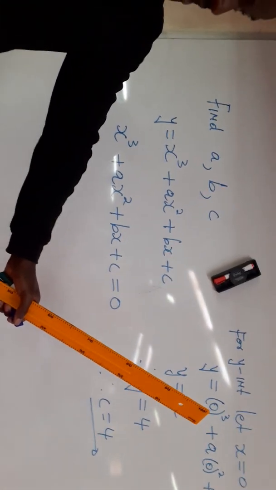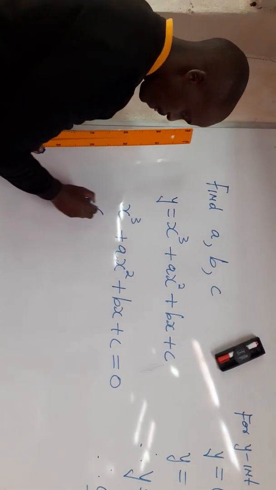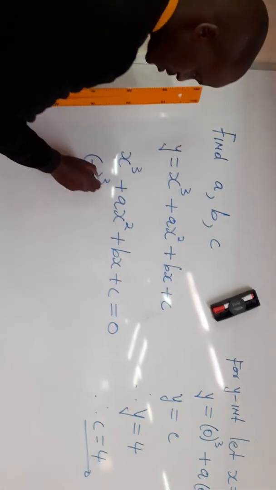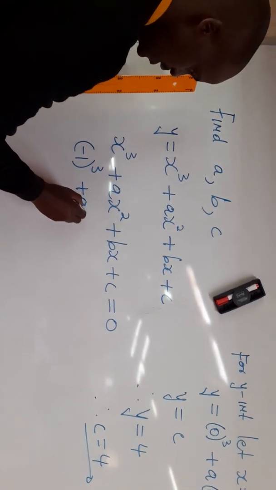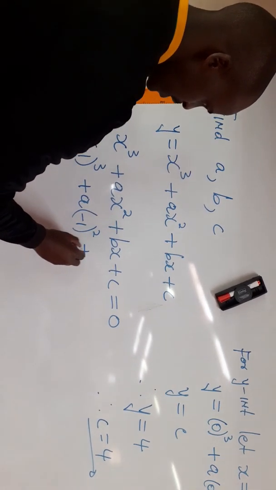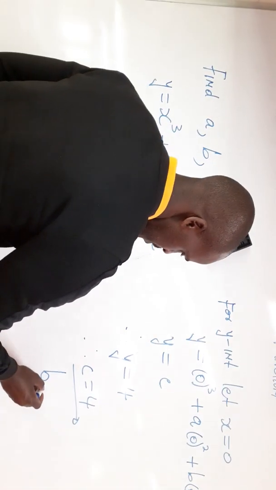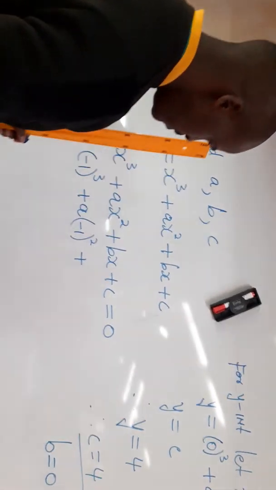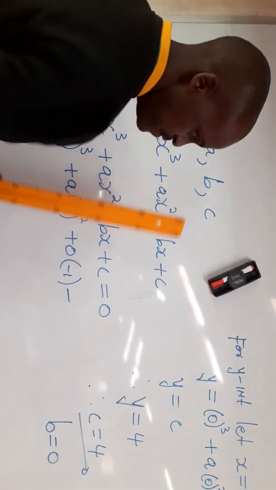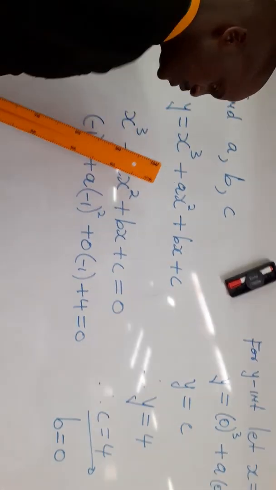We've got the x-intercept at point P. Therefore, we substitute that value of x, which is negative 1: negative 1 cubed plus a times negative 1 squared plus b times negative 1, where b is 0, and c is 4, equals 0.